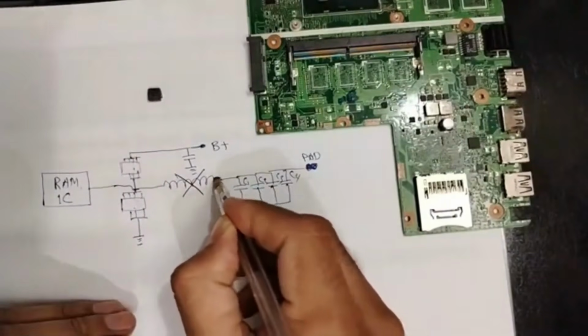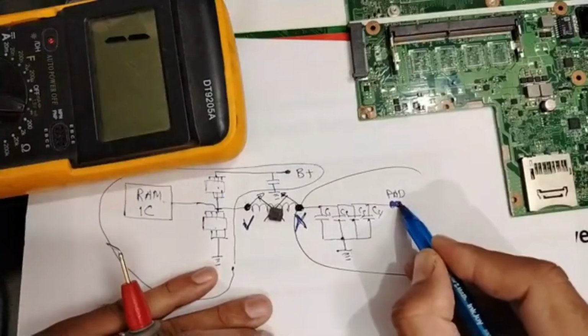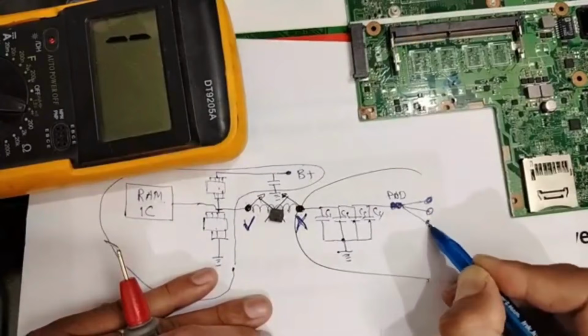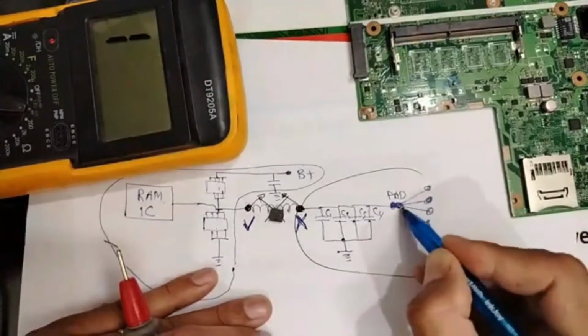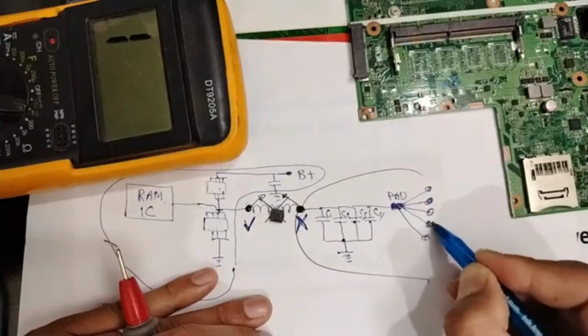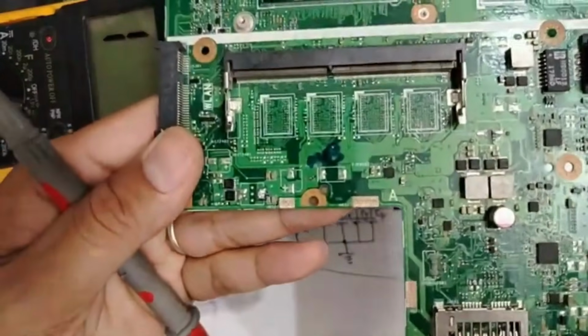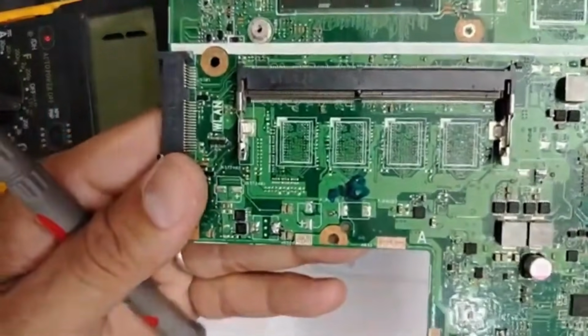This part is connected to 5 points, means 5 small circuits. 1, 2, 3, 4, 5. The proof, here is the proof. Just step by step. Here is the proof, my friend.